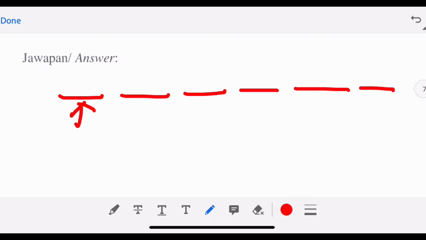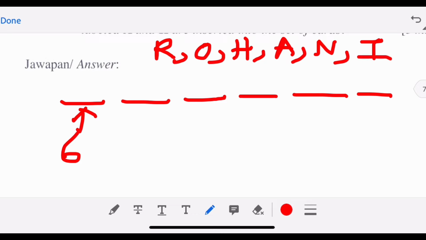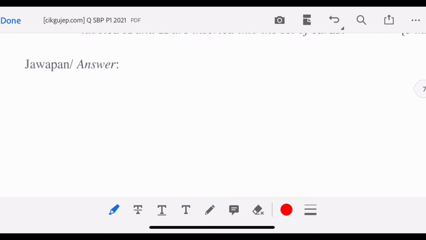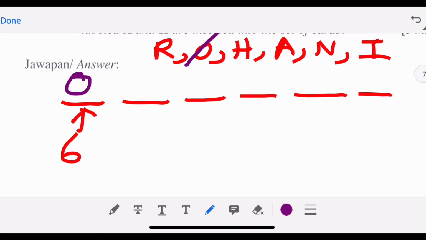For the first letter, we can start with R, O, H, A, N or I. We have 6 ways, right? Let's say we started with O. So O is used up. For the balance, how many letters are left? 1, 2, 3, 4, 5. We have 5 ways, right?